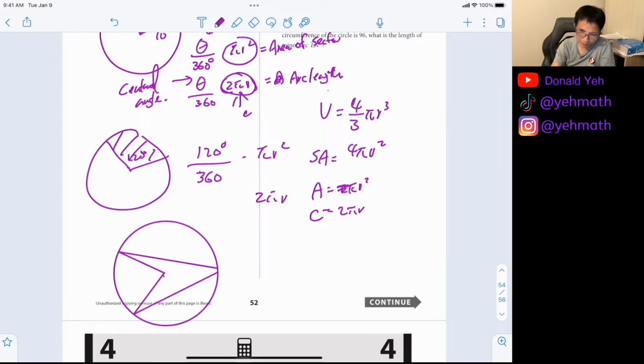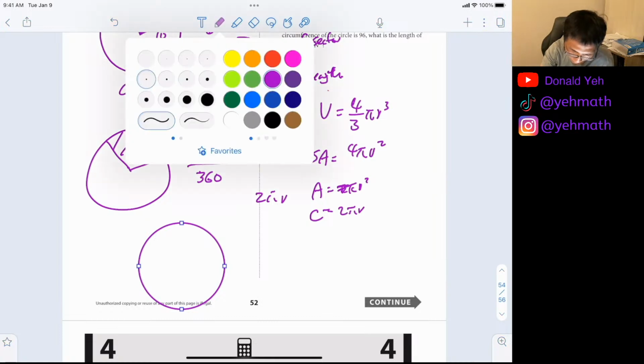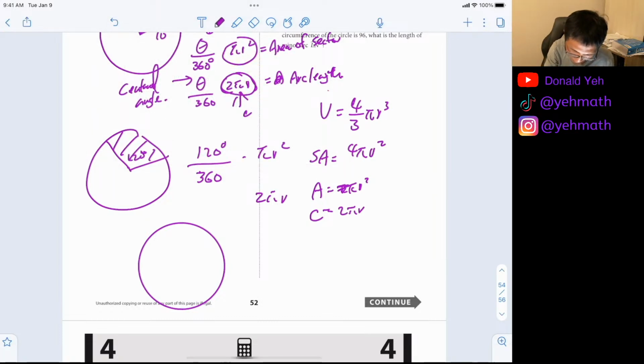Those of you who take the SAT, you've seen this question before. This is not a very good job on drawing, by the way, so it's not really to scale, because to scale it won't be this ugly. I have no idea where the center is.